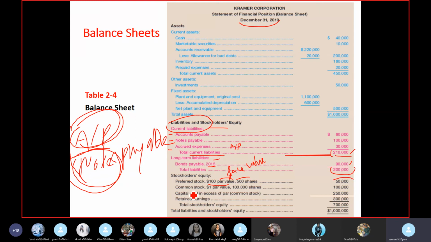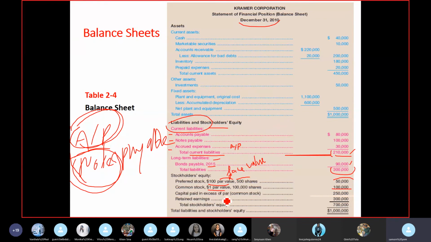And we go to common stock. For common stock, the face value or par value is $1. The total is 100,000 shares. Multiplying them gives 100,000 USD.